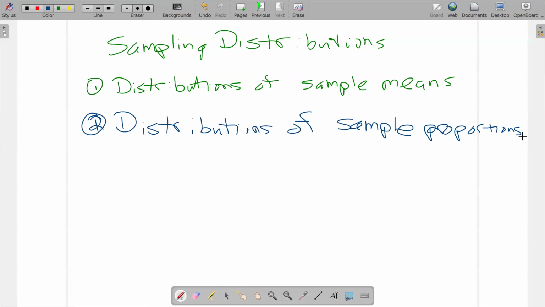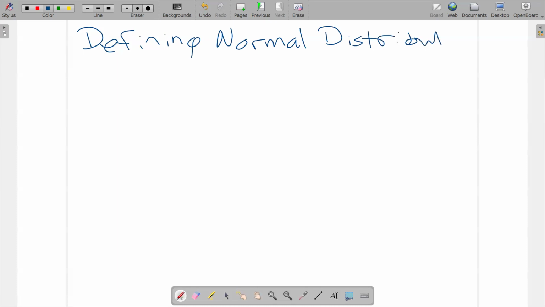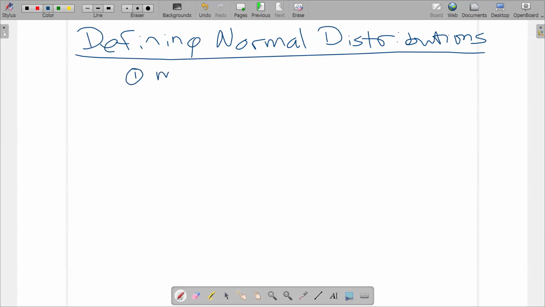Right. So, other things about a normal distribution. Defining normal distributions, we need two pieces of information. We need the mean of the distribution, and we need the standard deviation of the distribution.